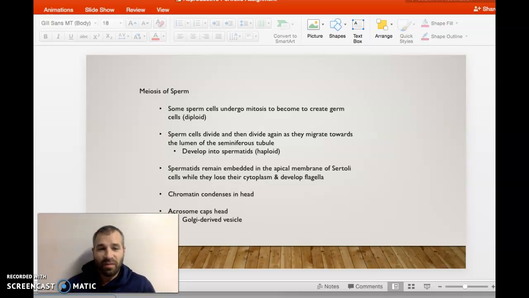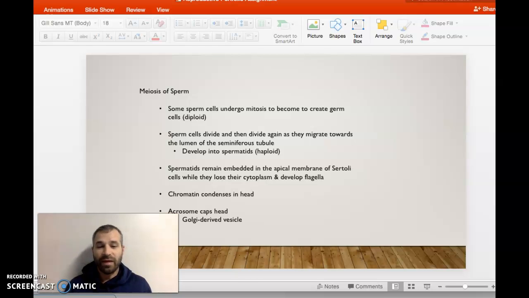Once a primary spermatocyte has replicated, it is then replicated again, or it separates into a secondary spermatocyte, and this cell is now a haploid cell, meaning it only has half of the genetic material which make up a full complete cell. As this happens, these secondary spermatocytes replicate apically towards the lumen, and eventually they transform into a spermatid through replication.